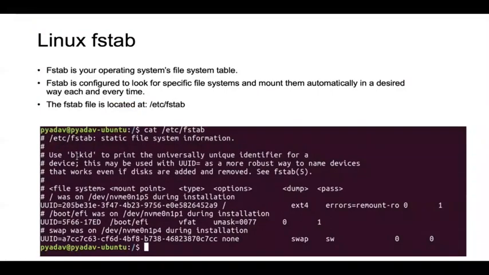fstab in your operating system is the file system table. fstab is configured to look for specific file systems and mount them automatically in a desired way each and every time. The fstab file is located at /etc/fstab in Linux-based systems.